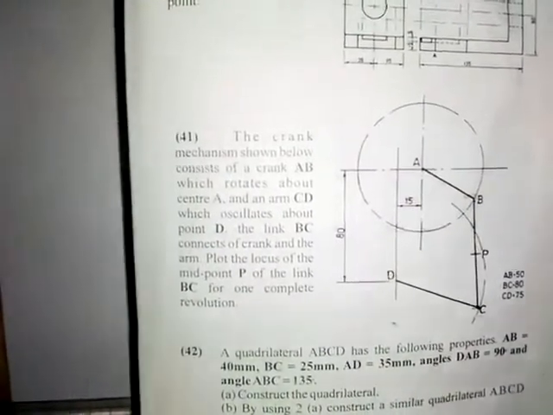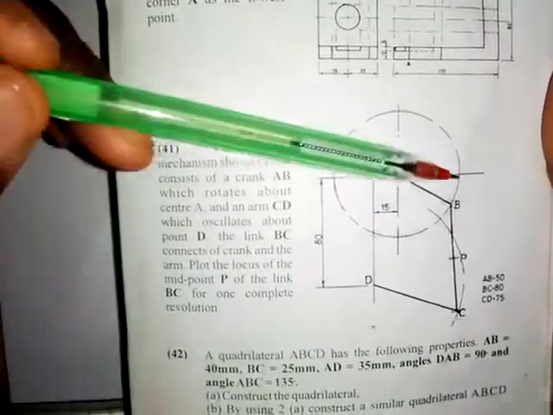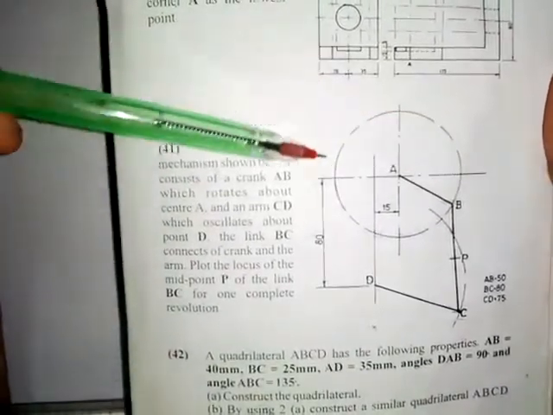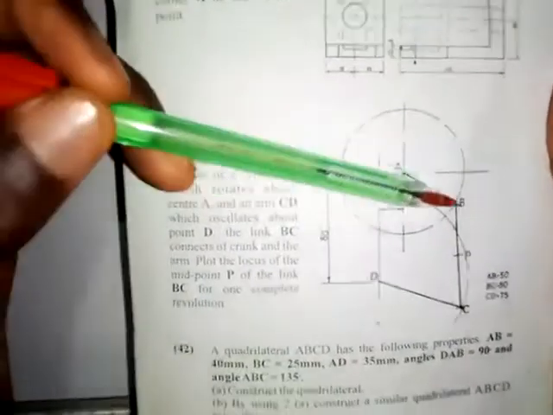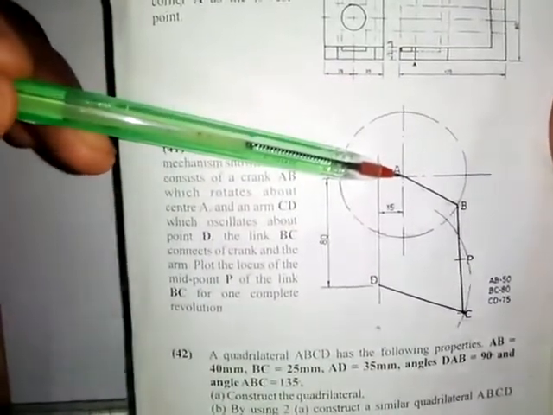So what is the question telling us? This is the crank that is rotating about this point. This is the central point.